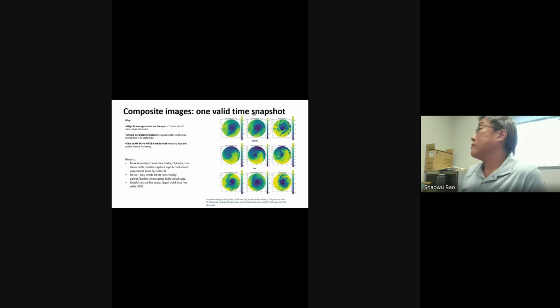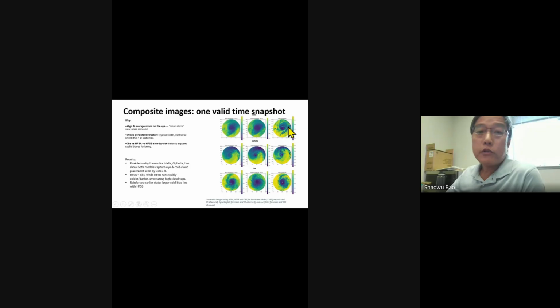So this slide is also a composite image, but this is for one valid time snapshot. And this valid time is when these three storms reached their peak intensity.